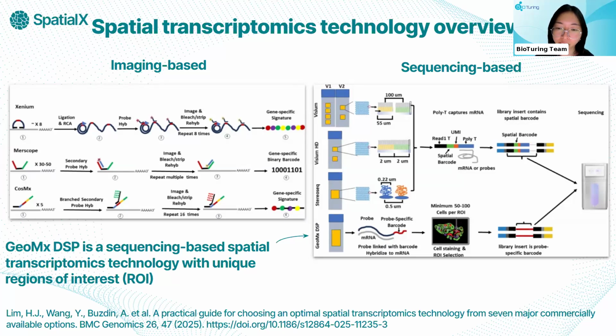One of the drawbacks of GeoMx DSP is that you have to know what cell types are already present in your tissue. A benefit is that it only requires a small tissue space in order to analyze. So again, the unique thing about GeoMx DSP is that it is a sequencing-based spatial transcriptomics technology with unique regions of interest that you are interested in studying.